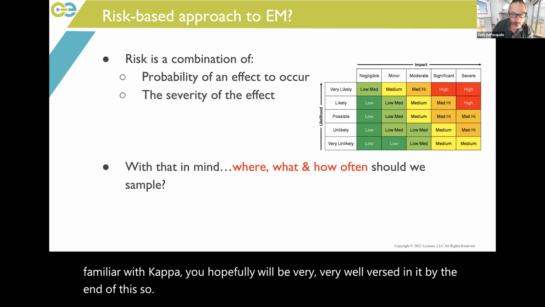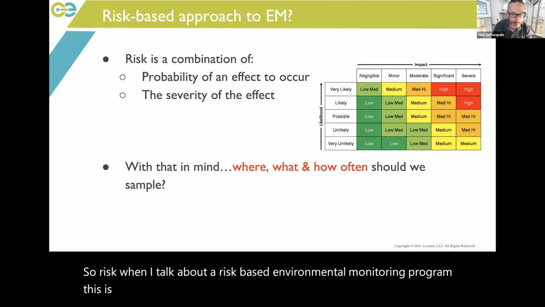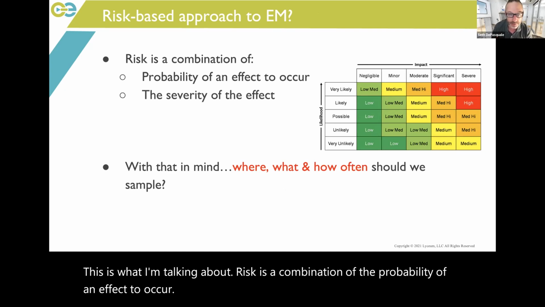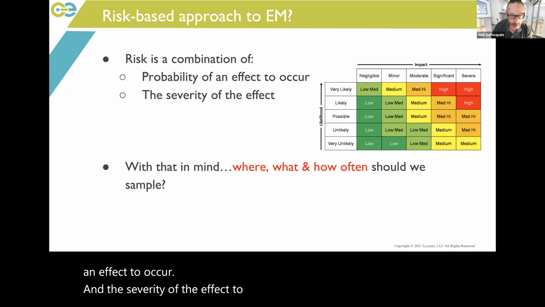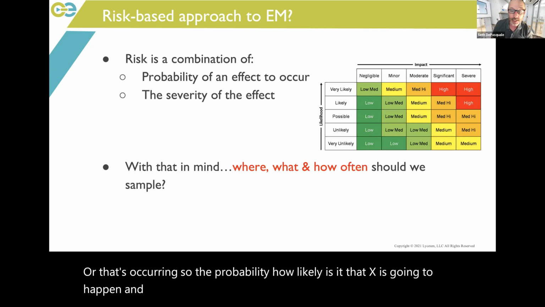So when I talk about a risk-based environmental monitoring program, this is what I'm talking about. Risk is a combination of the probability of an effect occurring and the severity of the effect that's occurring. So the probability: how likely is it that X is going to happen? And when X does happen, how bad is the impact?